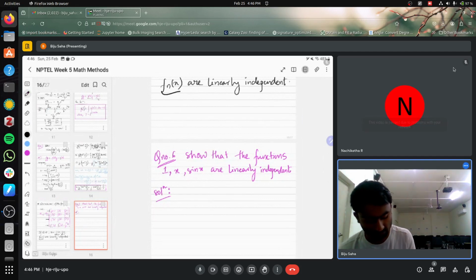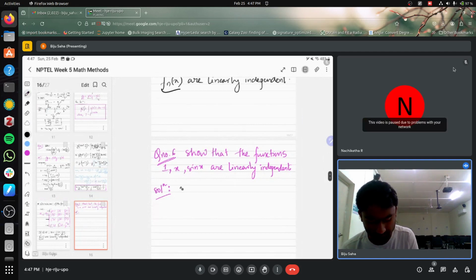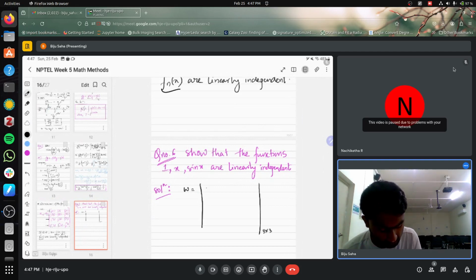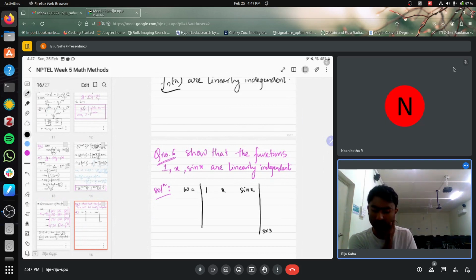So my matrix would be a 3 cross 3 matrix. The second row is the first order derivative, which is 0, then 1, which is cos x.